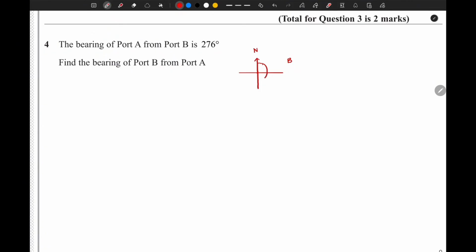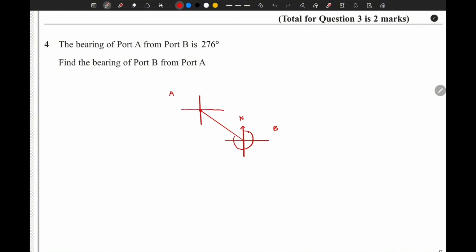So this is 90 degrees, this is 180, and this is 270, and let's assume that this is 276. Let me just draw the diagram below. So this is 276, and this will be point A.